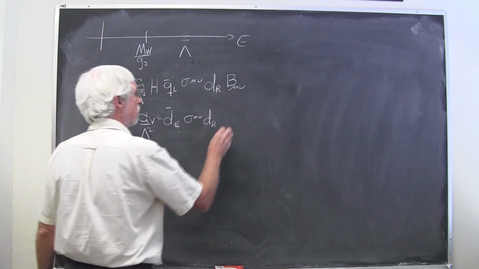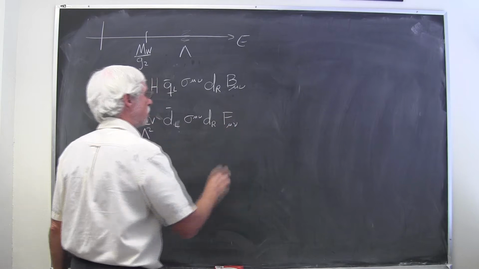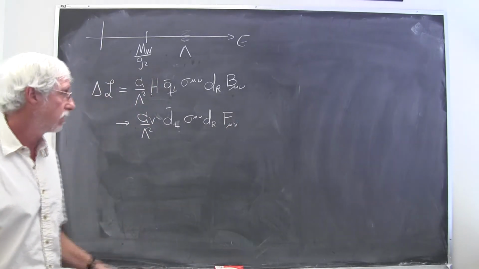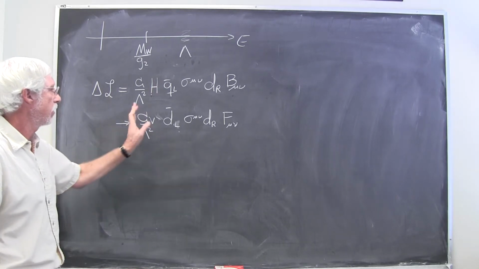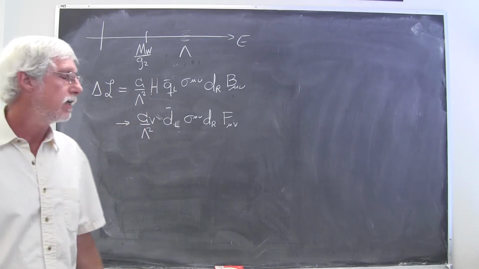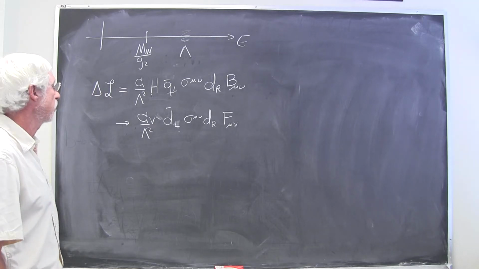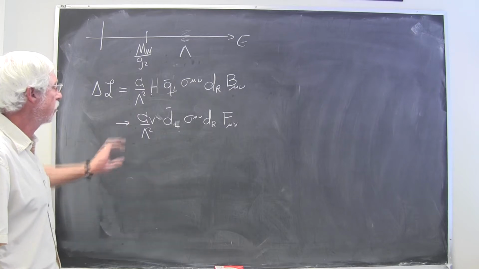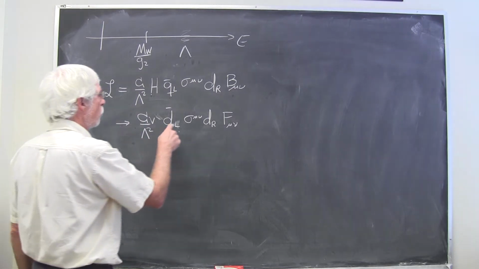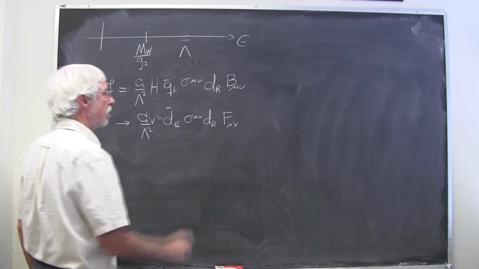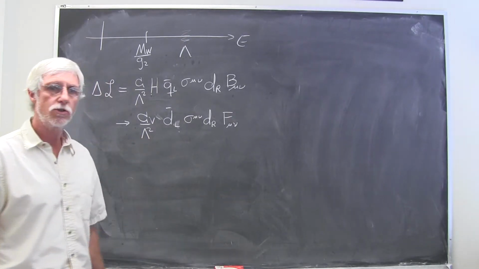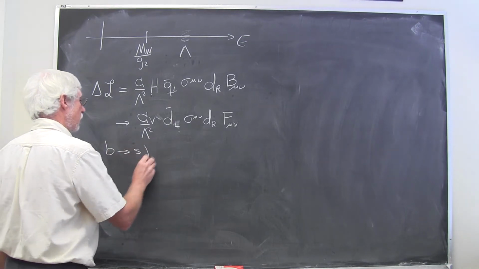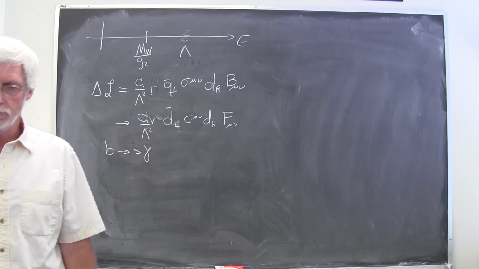I'm going to be mostly interested in the piece that contains F mu nu, and I should include here a cosine of the weak angle. I'm going to leave it out because it's an order 1 term that I can neglect for now. Now what's interesting about this is, depending on what flavors you have chosen here, this can give rise to a transition that is very interesting. For example, it can give rise to a B to S gamma transition.